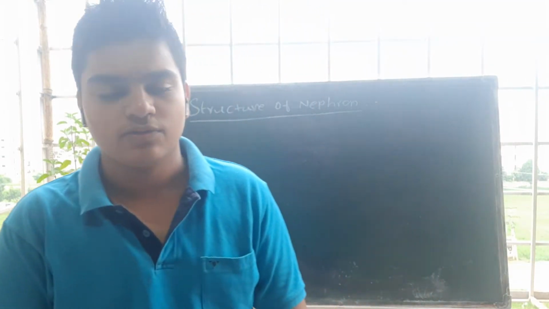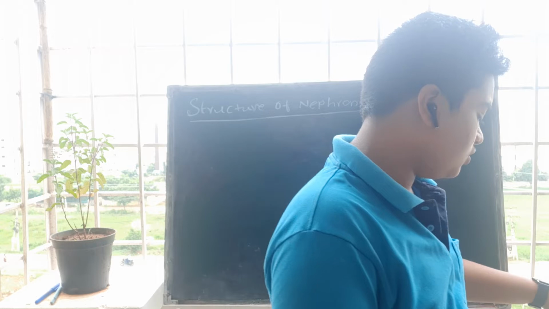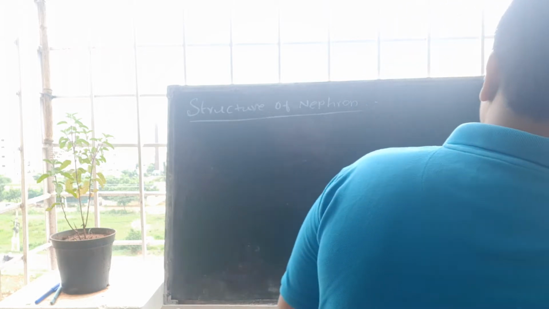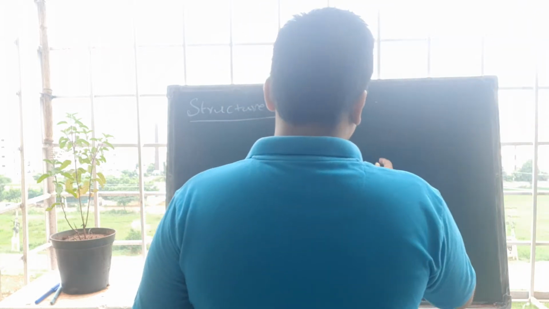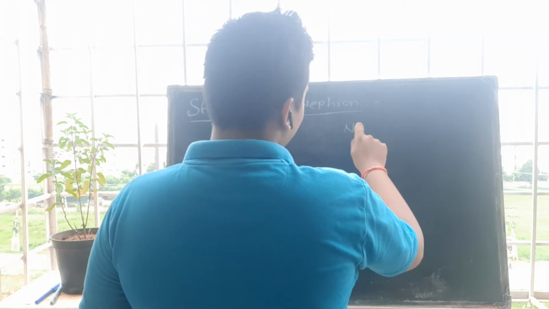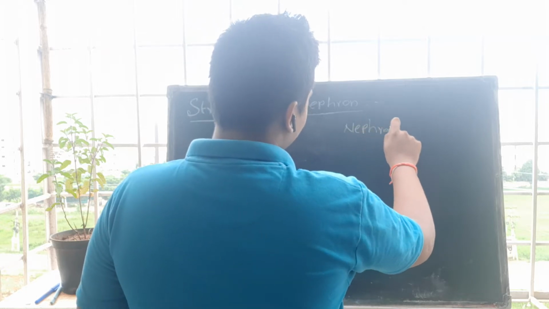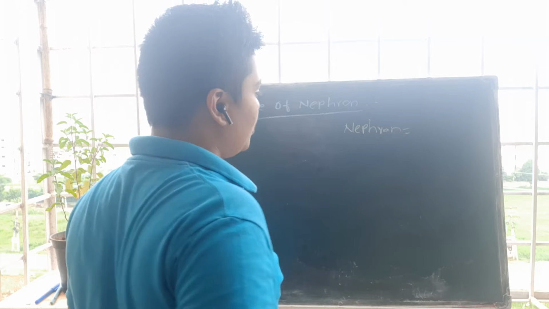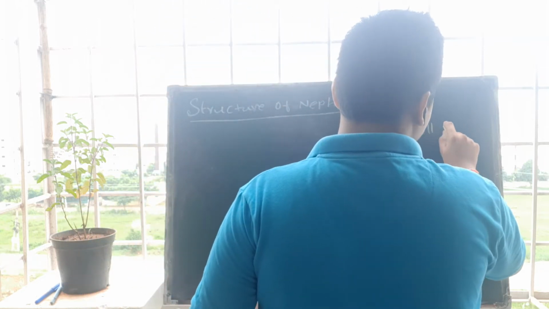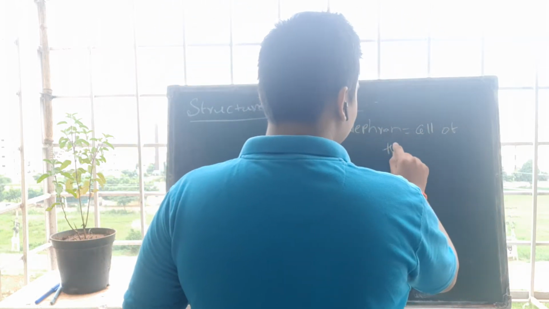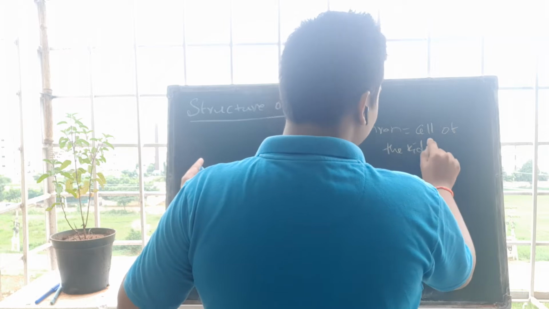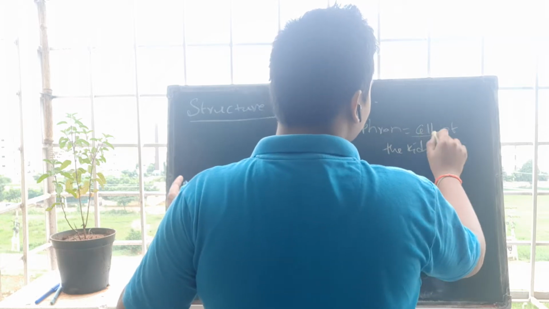What is nephron? First of all, nephron is the structural unit of kidney. You can say nephron is nearly equal to the cell of the kidney. It is not the cell, but it is equal to the cell. Why am I telling you like that?